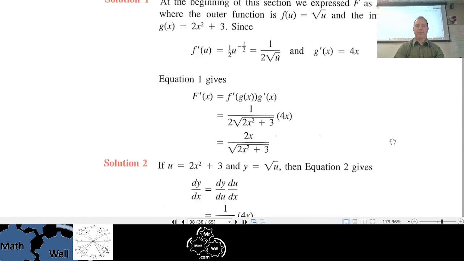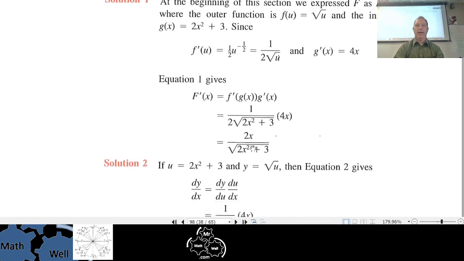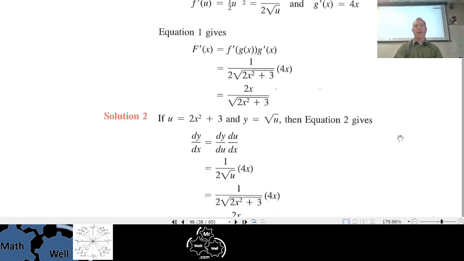All right. So what do we got? This looks like what we got here in this example. Yeah? Nice. Okay. So check this out. Here's another way of writing the exact same question. You see? u, inner function. y is root u. Here's the outer function, square root. Leibniz notation.